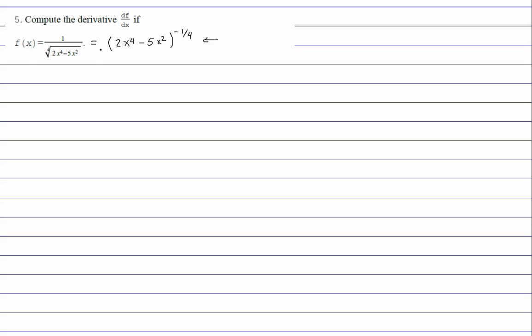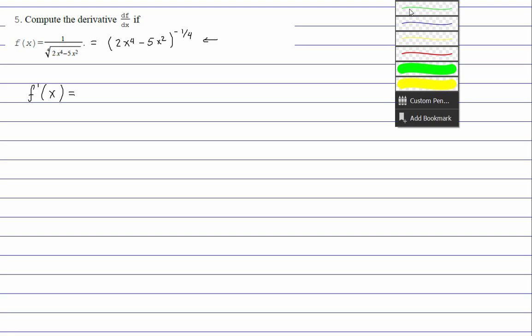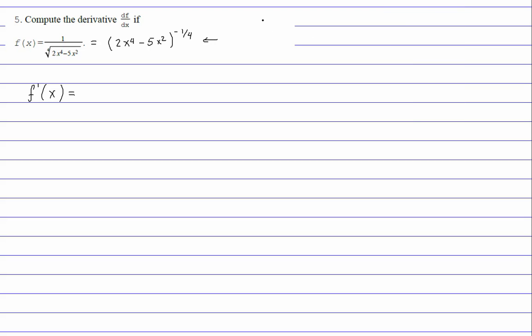So in this case, the simplification would be just writing this as a negative 1/4, and then your derivative follows from just doing a chain rule where the outside function would be, let's call it g of x again, x to the negative 1/4, and your derivative there would be negative 1/4, so you drop that, times x to the negative 1/4 minus 1, so negative 5/4.